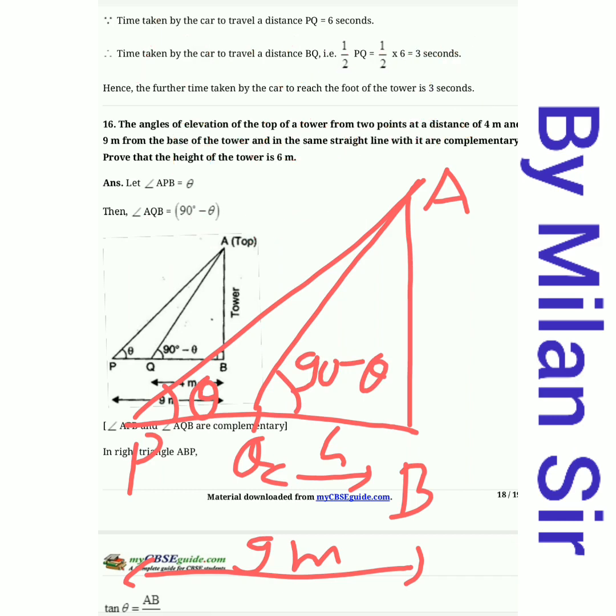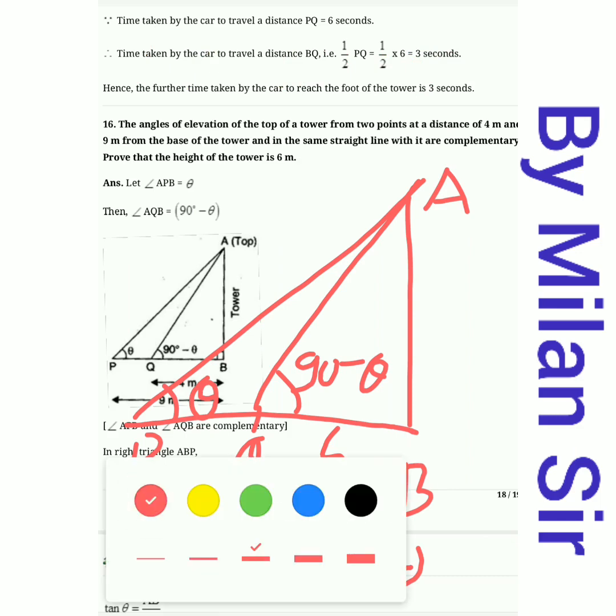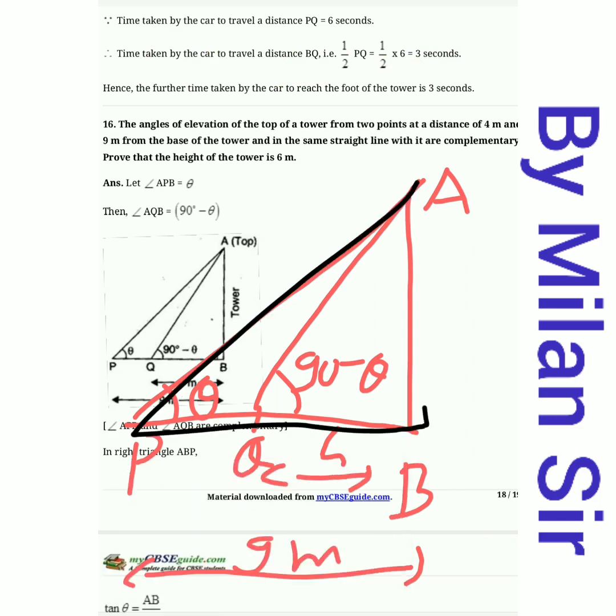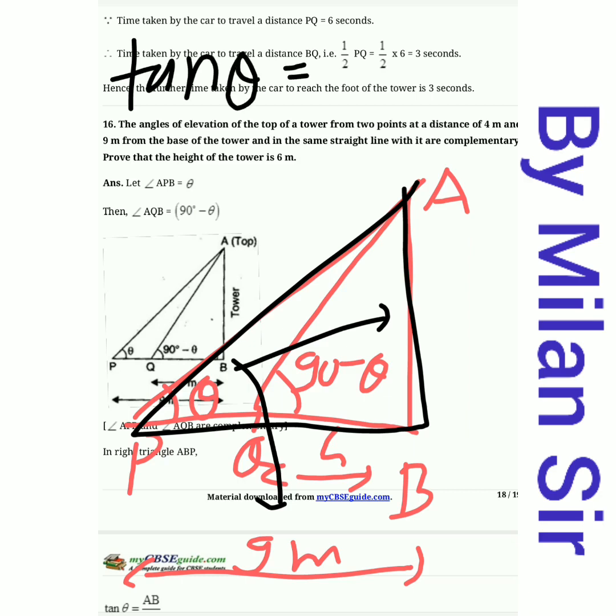So first of all, use this triangle APB. We need to find the height of tower AB. It's the opposite side, and we know this adjacent side, it is 9 meter. So opposite and adjacent, so we use tan theta, because here angle P is equal to theta. Opposite side AB, adjacent side PB.